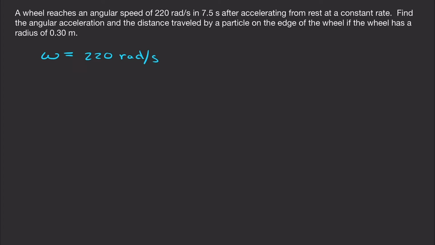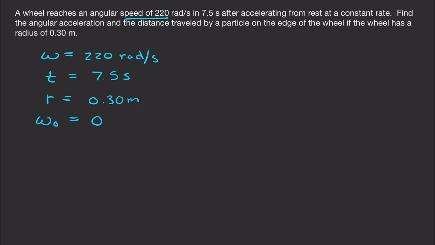This is the speed it reaches after some time, so it's final omega. My time is 7.5 seconds. My radius is 0.30 meters. And my initial omega, or initial angular speed, is 0.